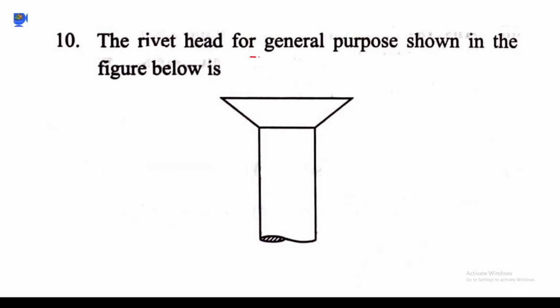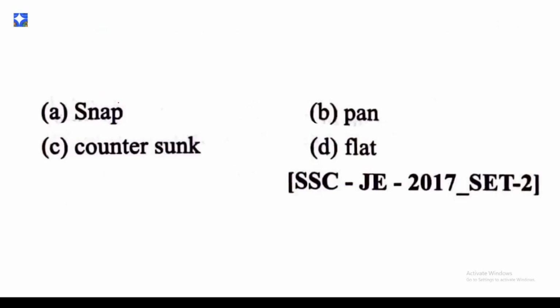So the rivet head for general purpose is shown in the diagram. This is a rivet head which has been given, and you have to identify what type it belongs to. Option A snap, option B pan, option C countersunk, and option D flat. If you have worked in certain software like SolidWorks or CATIA, you might know this.